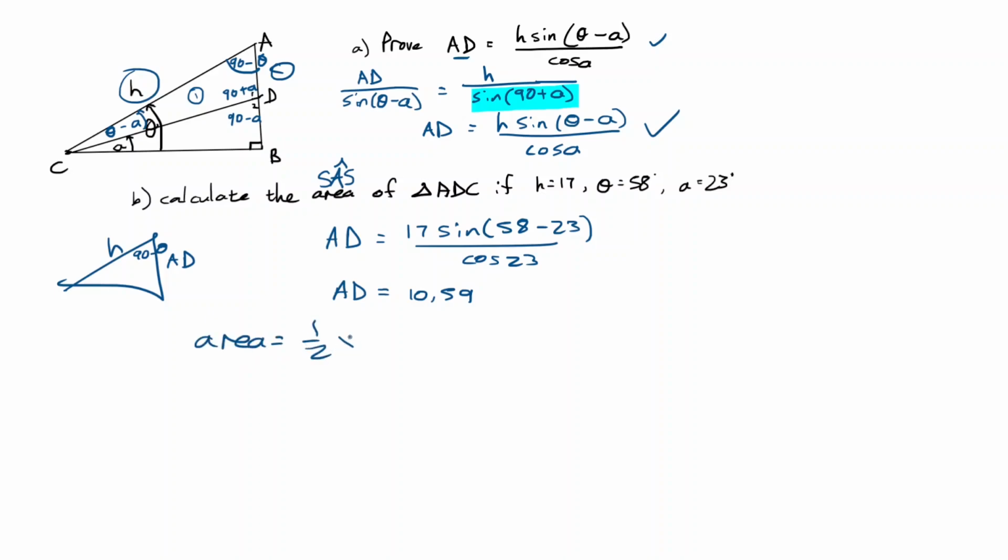It will be half the one side, which is H, times the other side, we've just worked that out, times sine of the angle in between, which is 90 minus theta. And when I punch that in my calculator, it spits out my final answer of 47.7. They didn't tell me centimeters anyway, so I'm just going to say units squared.